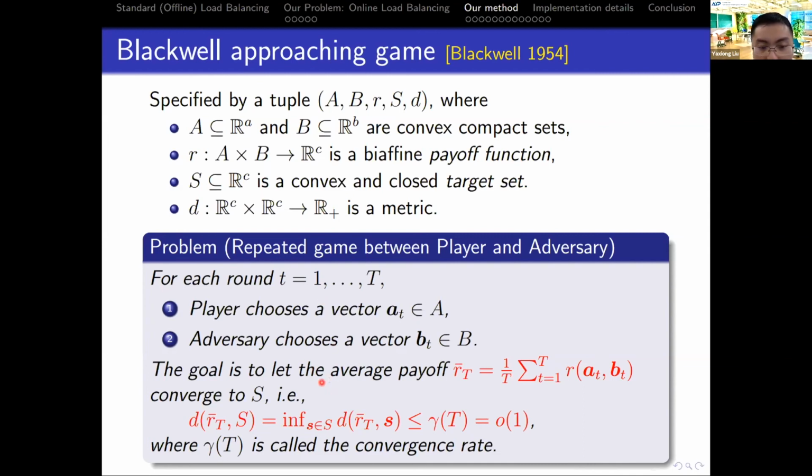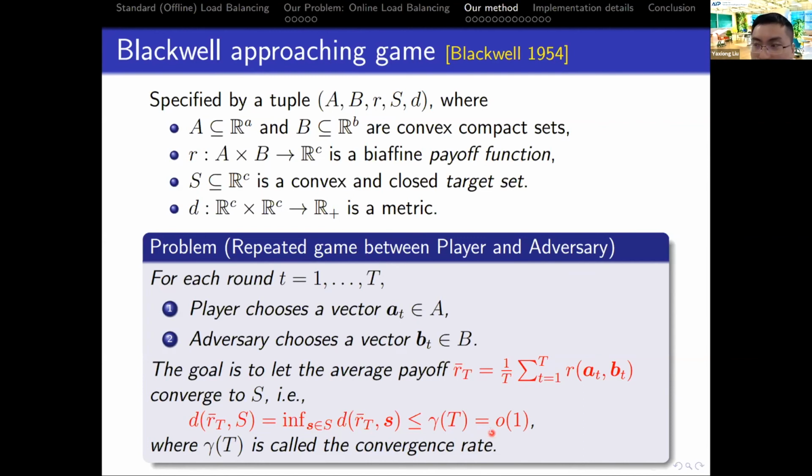The goal is to let the average payoff r_t bar converge to the target set, which means that the infimum over s in S of the distance with respect to the metric is smaller than the convergence rate, and this convergence rate will converge to 0 when T goes to infinity.